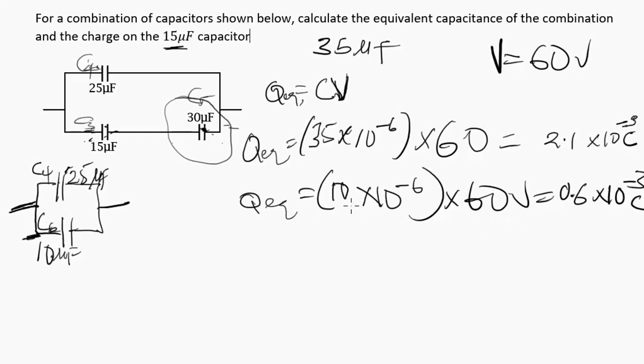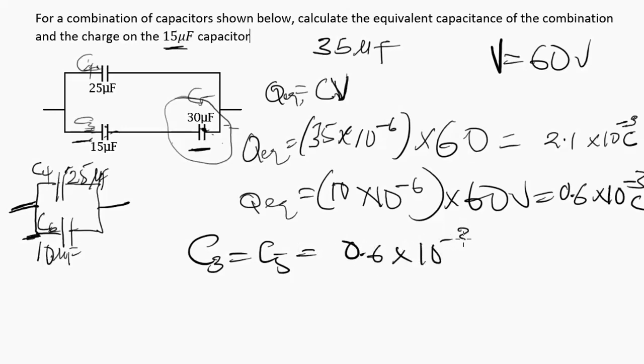Already we have the charge in C6 to be 0.6 times 10 to the power of minus 3, so the charge in C3 is the same thing, and the charge in C5 is the same thing. So C3 is equal to C5, and this is 0.6 times 10 to the power of minus 3. The reason is this is in series connection to this. So I'll go ahead and wipe this, and then we'll consider the next example.